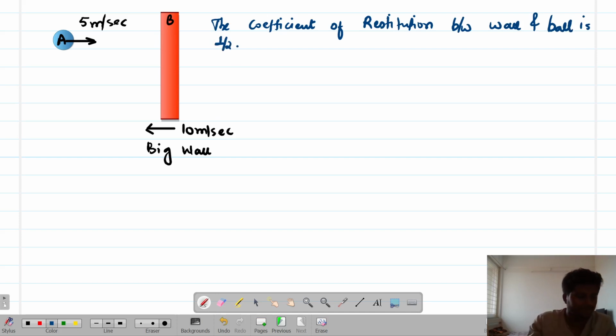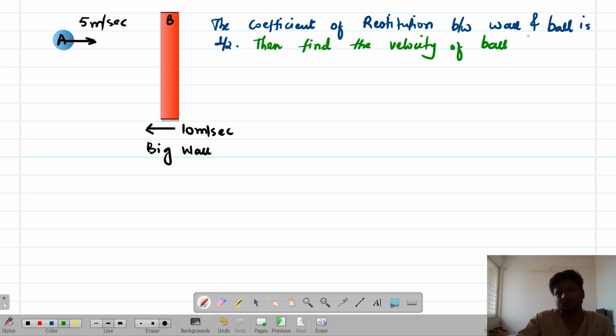Okay, then find the velocity of the ball after collision. Tell me.